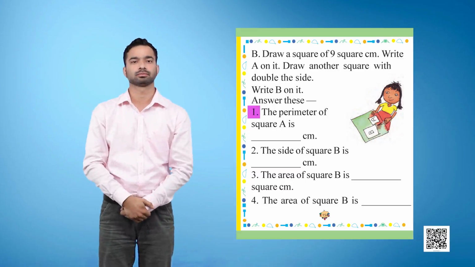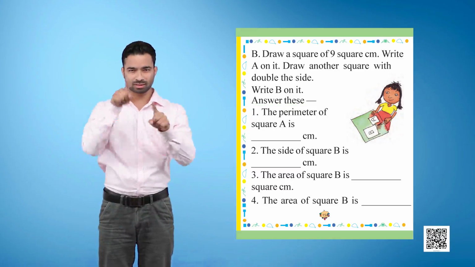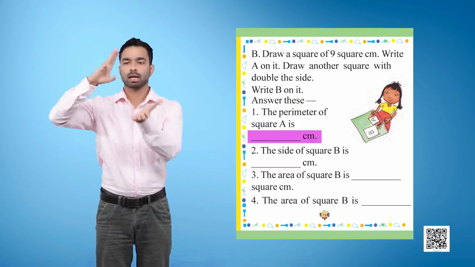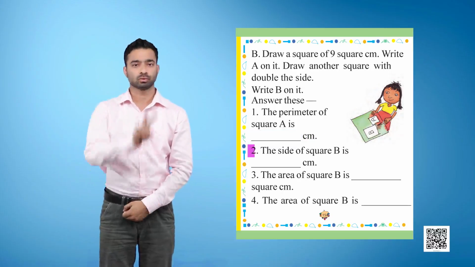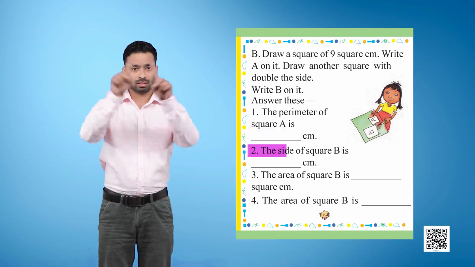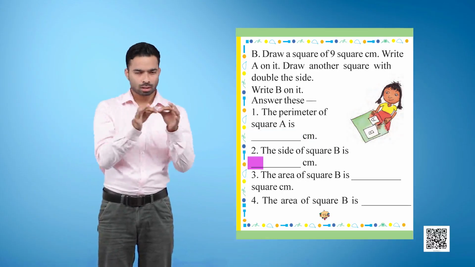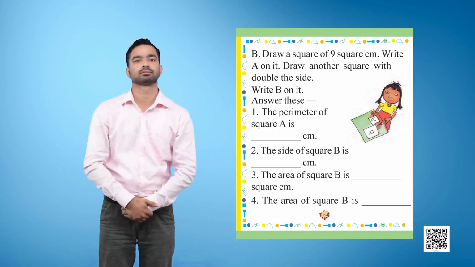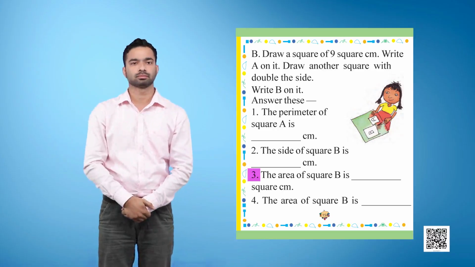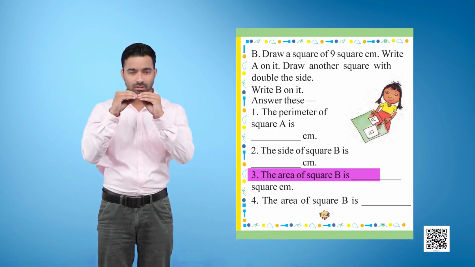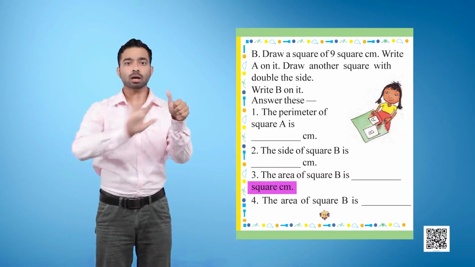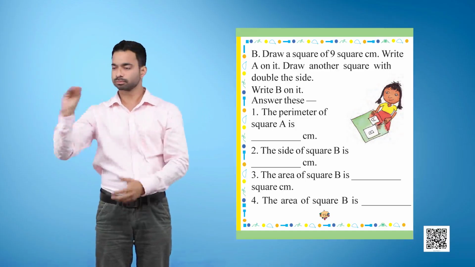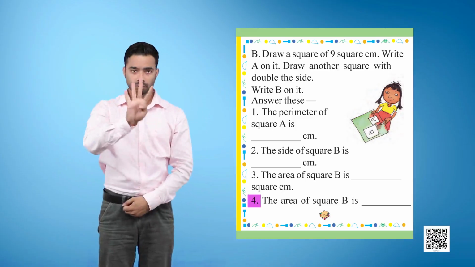1. The perimeter of square A is dash centimeters. 2. The side of square B is dash centimeters. 3. The area of square B is dash square centimeters. 4.